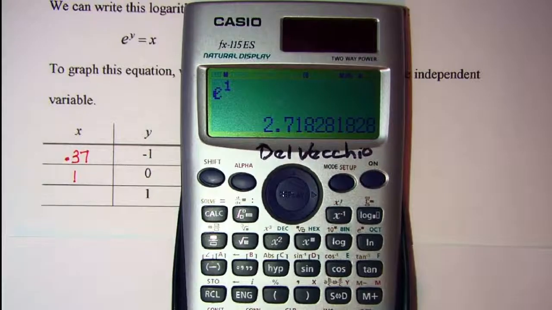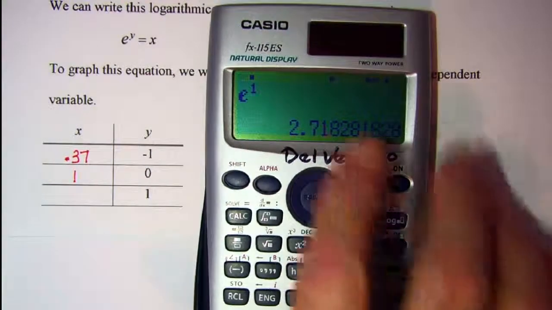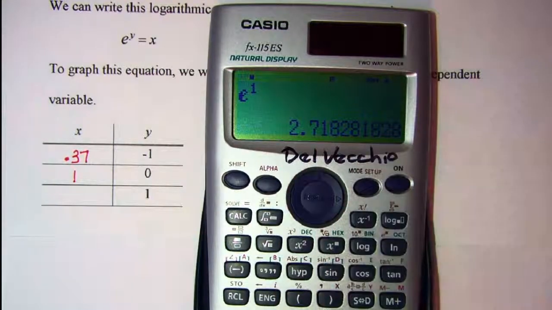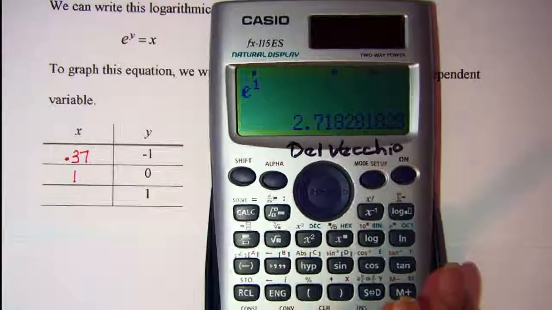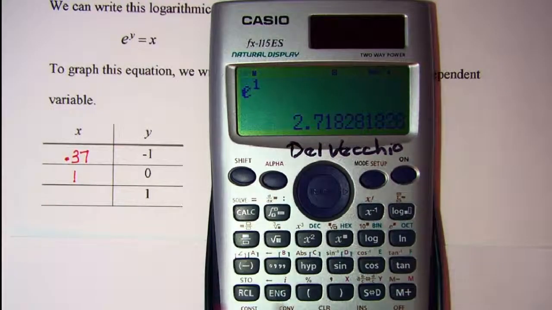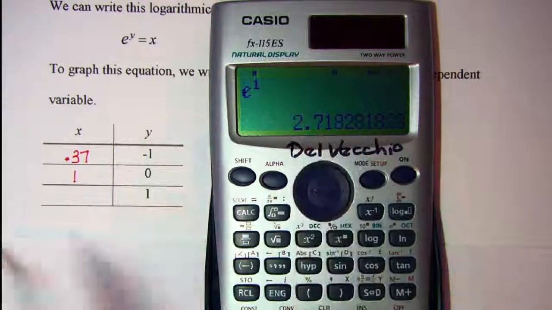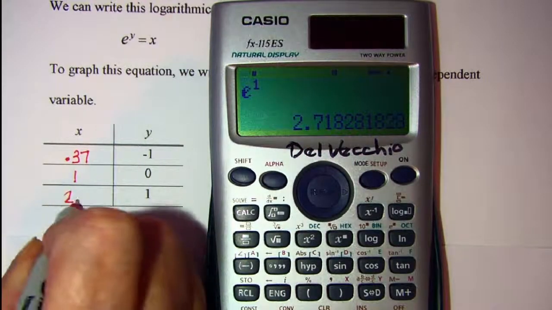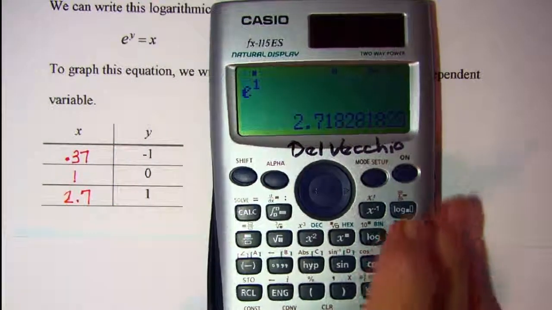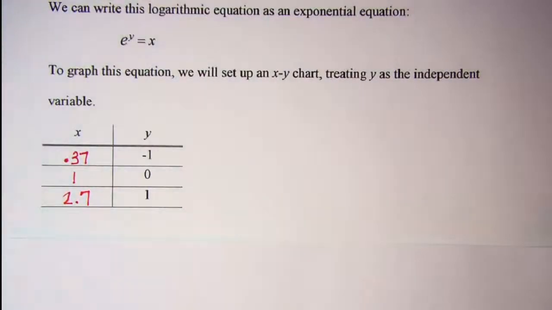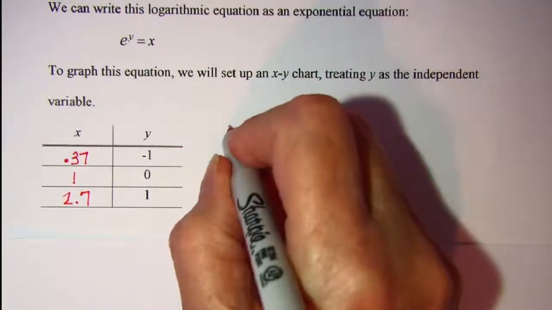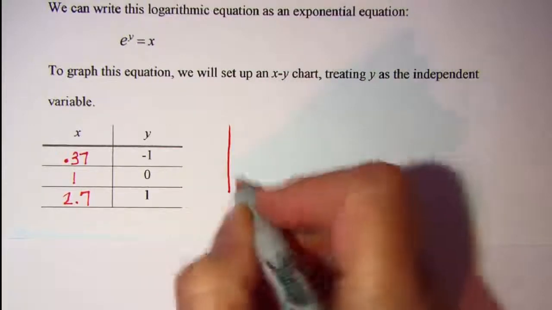We got 2.718281828 and so on. It doesn't repeat. It looks like it does, but e is an irrational number, just like pi. It never repeats and never terminates. So let's just put 2.7. Okay. All right, now if we wish to look at just a little graph of this.